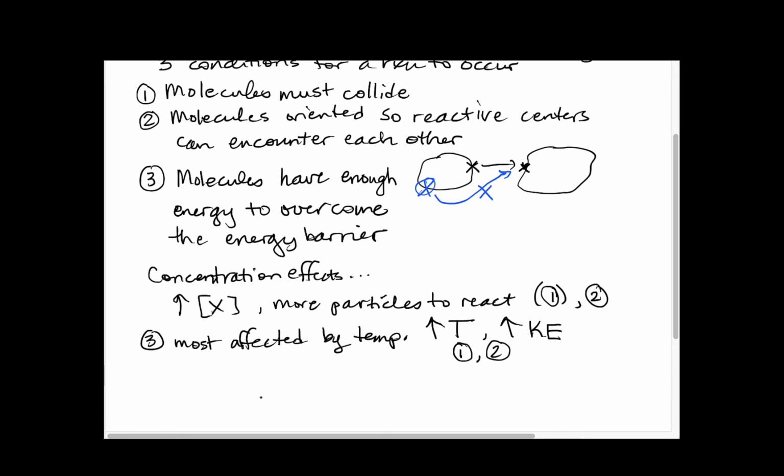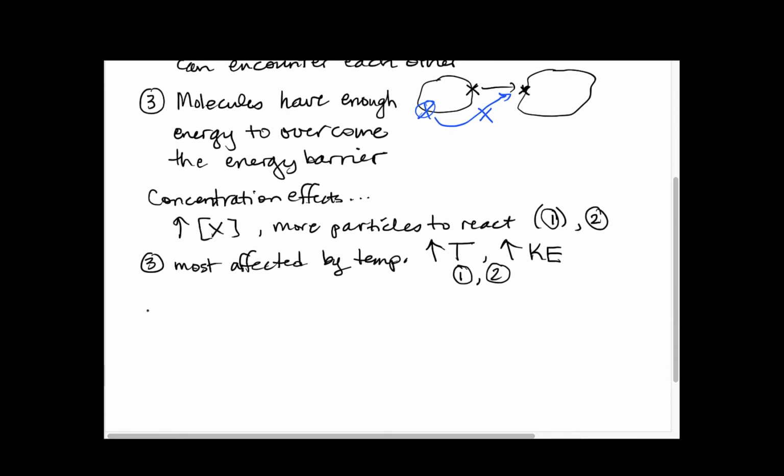So I said that the rate constant, k, is constant for a constant temperature. But as soon as we start changing the temperature, we have a new rate constant.